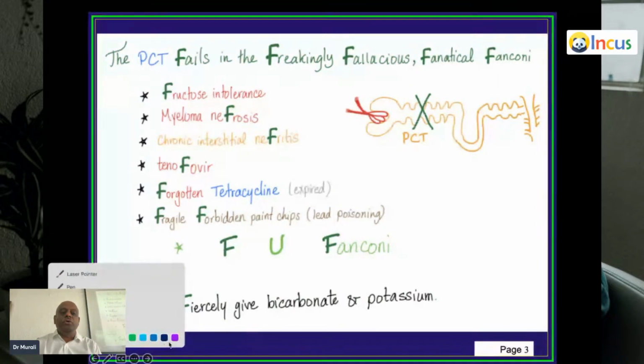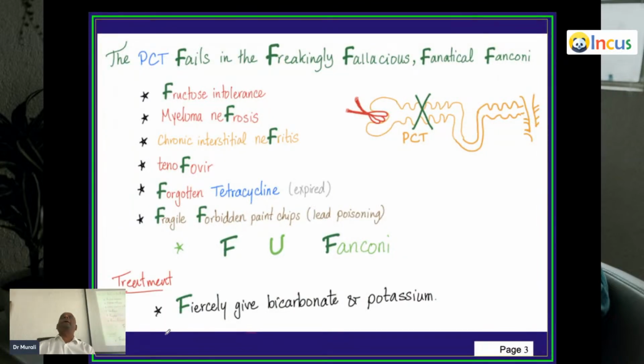Is there any mnemonic to remember Fanconi etiology? The proximal convoluted tubule fails in the freakingly fallacious fanatical Fanconi. Fructose intolerance, F. Then myeloma leading to nephrosis.